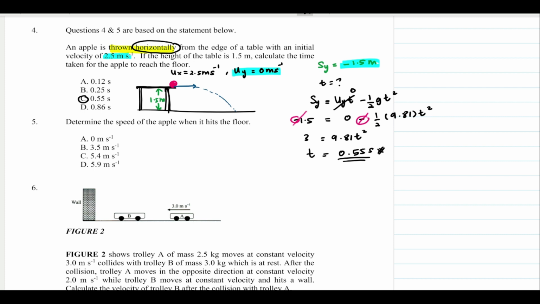Okay, so dekat sini lah, dia jatuh dekat sini. Alright, so the speed here, so V here, and then jangan lupa nak kira V, kita mesti ada Vx. And always remember, okay, for projectile motion, that the value of Vx, iaitu horizontal velocity at any point will be equal to Ux. Dah banyak kali saya pesan yang ini.